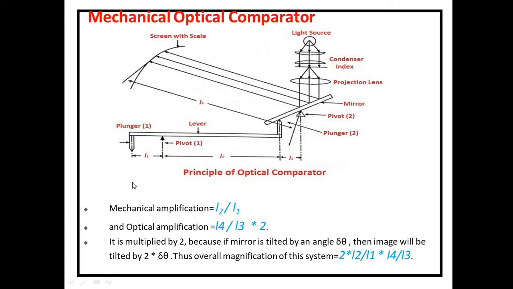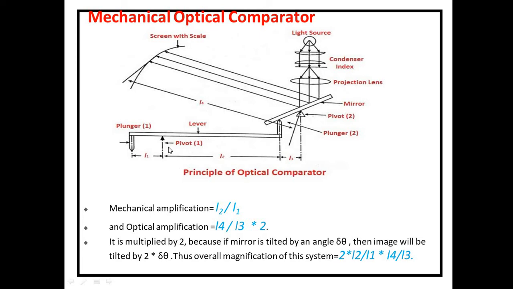Now see here, this is the plunger, under which we are going to insert our jobs. Then there is one pivot or knife edge. This horizontal part is the lever. The distance between pivot 1 and plunger 1 is L1.